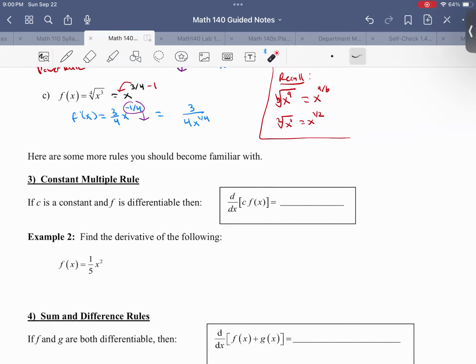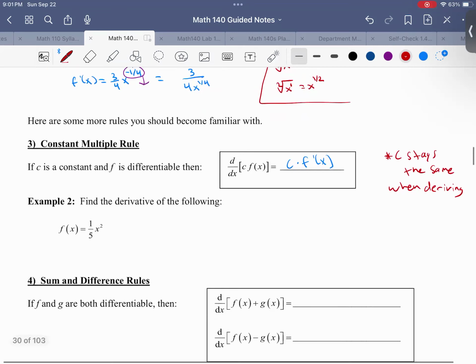There's one rule called the constant multiple rule, where if C is a constant and f is differentiable, then the derivative of a function with the constant attached to it would be such that the C would stay unchanged, and it's just times the derivative of f of x. So what I would say here is C stays the same when deriving.